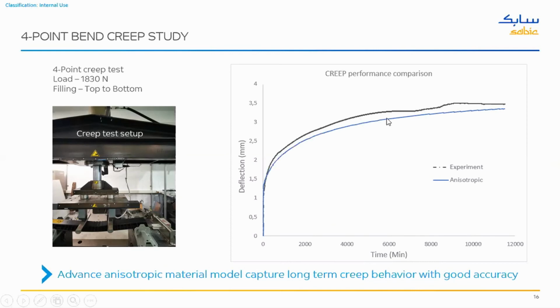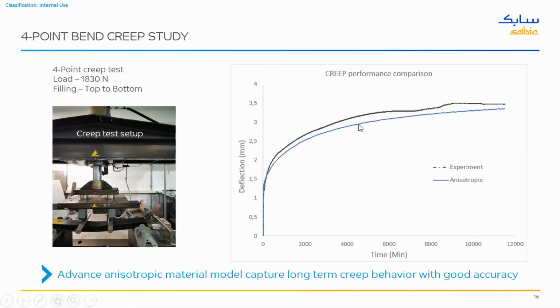And the blue line here is the anisotropic behavior, which uses the elastoviscoplastic material models, because with this loading we have seen a certain plasticity in the behavior of the part. Again, with the anisotropic model, the variation all across between the experiment and the simulation is within 5% accuracy, which for such a long-term simulation we could say captures the behavior rather well.